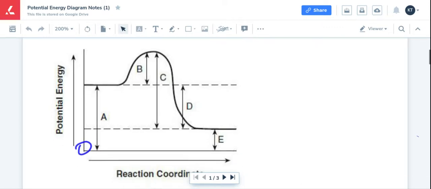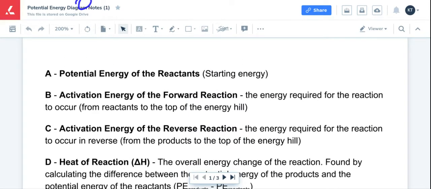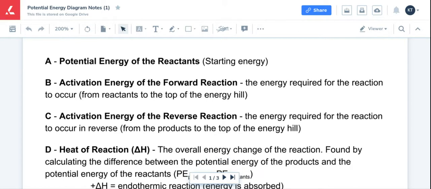Then if we look at arrow B right here, arrow B is going to represent the activation energy. And we heard this before when we talked about a catalyst. Okay, we'll discuss a catalyst again, but right now what we need to know is that an activation energy, in this case of the forward reaction, is the energy required for the reaction to occur.